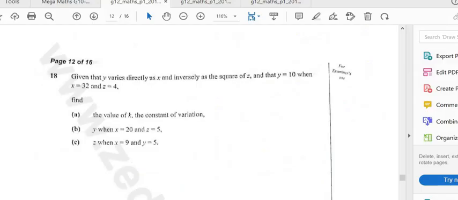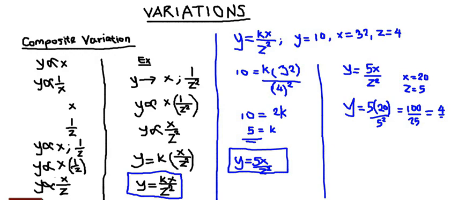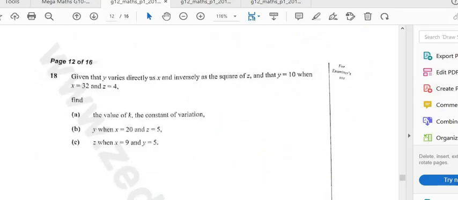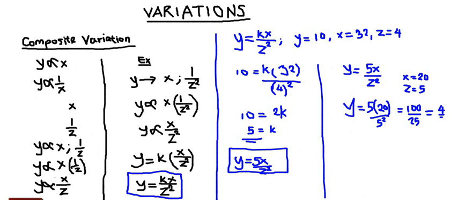Then the last part of the question, we should find z when x is 9 and y is 5. So we'll have to use the same equation, y is equal to 5x over z squared.